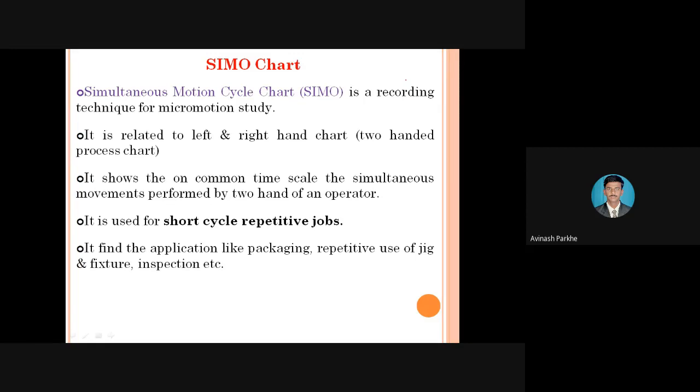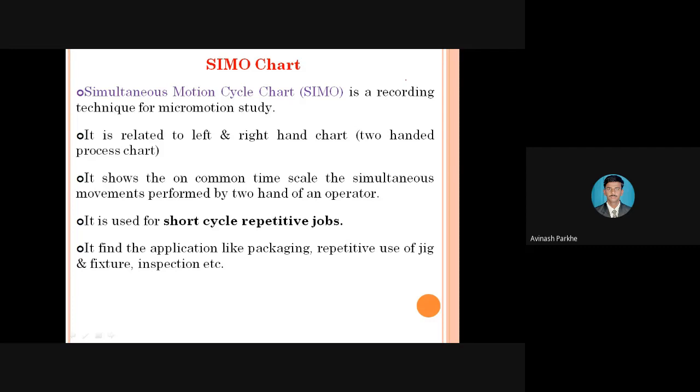In a micro motion study, we use one camera to record all the movements, and that concept is called motion pictures. If we are performing any activity, it can be recorded by a recording device, which is called a camera.